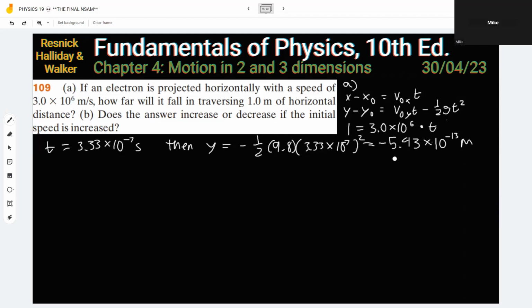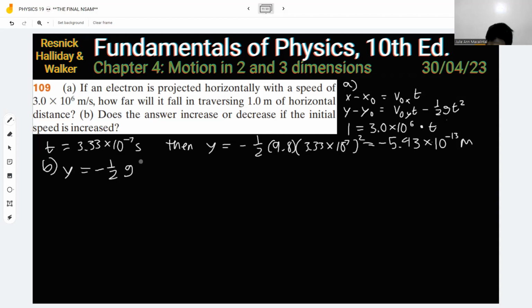Okay. Ngayon, how? Pwedeng i-express. So, ngayon, express mo yung y in terms of x and v naught. Eliminate t. So, x over v sub 0 x, and then square.